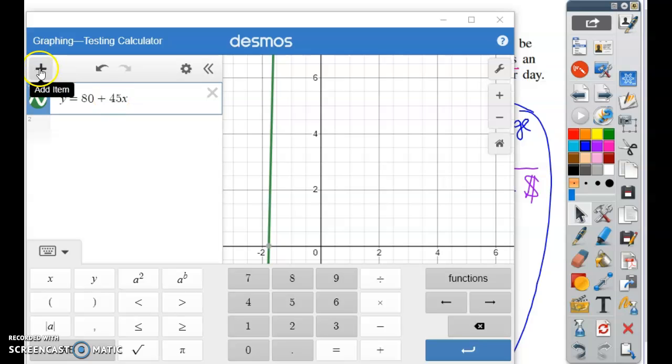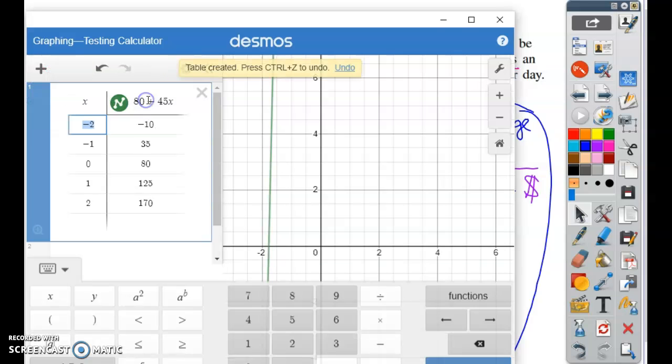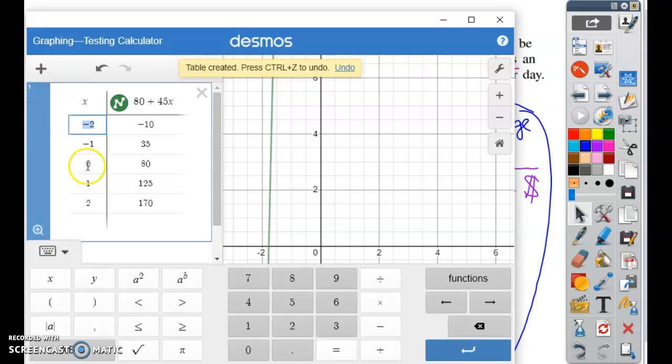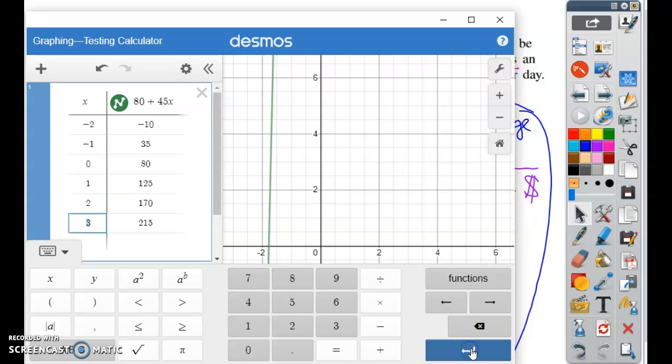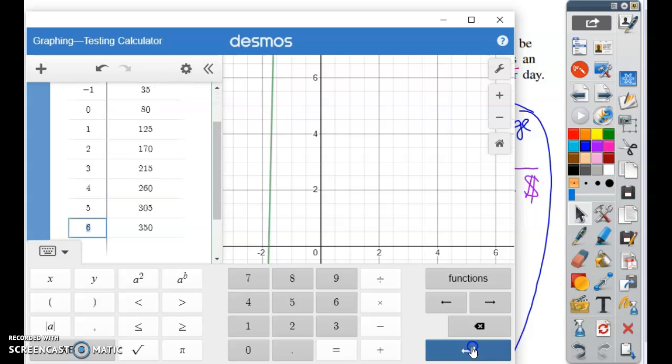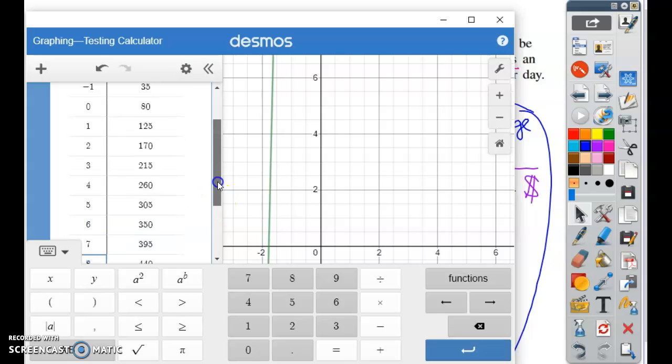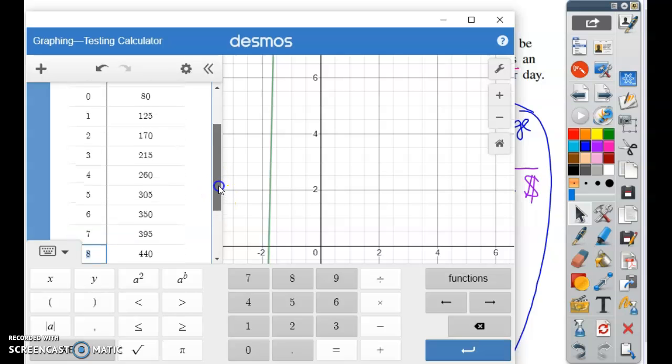Not here. Don't go there. It's right here. Settings. Open up the table. Okay? I see 0, I see 1, I see 2. Press enter. 3, 4, 5, 6, 7, 8. What's the least amount of money that he's going to get paid?